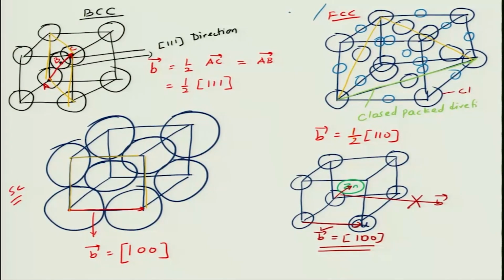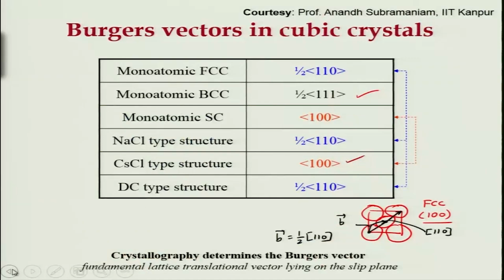So, this is for both FCC as well as NaCl, and diamond cubic is again an FCC kind of structure. So, you again need to follow the half 1 1 0 type of vector. These are the directions you need to follow for Burgers vectors in crystals. So, this gives you a fairly good idea about what dislocation characteristics are in crystals.